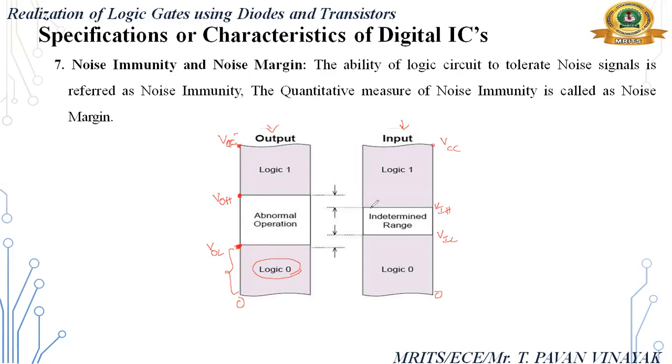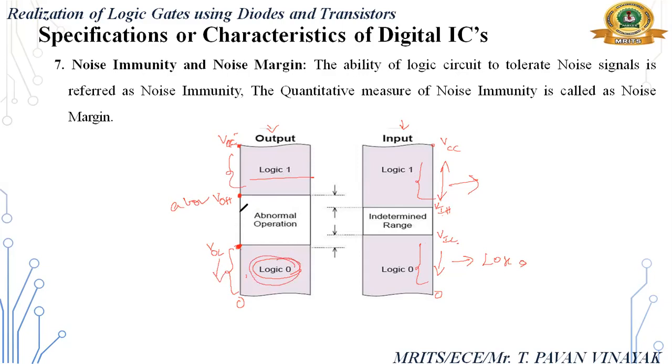Above VIH we can consider logic 1. Below VIL we can consider logic 0. This is logic 0. This is logic 1. Next, above VOH we can consider logic 1. Below VOL we can consider logic 0.